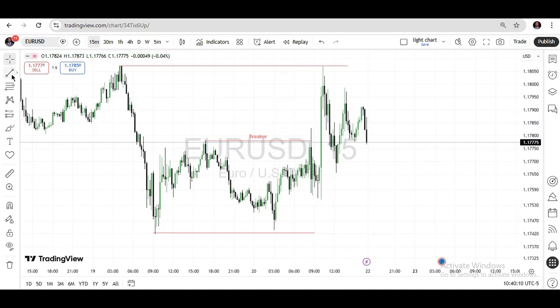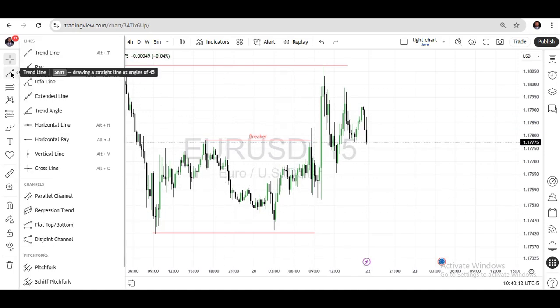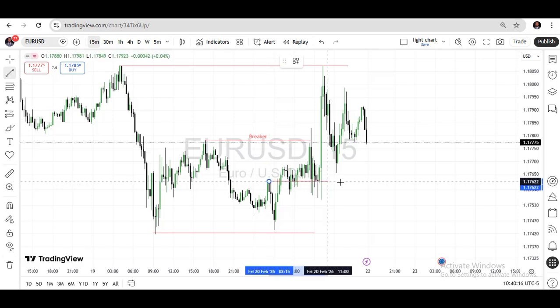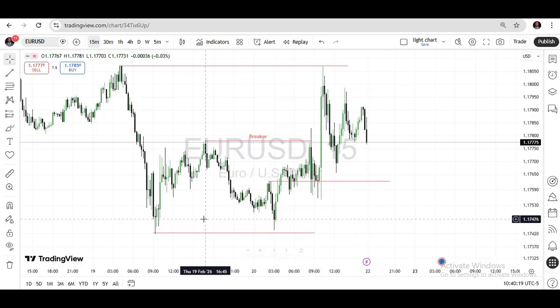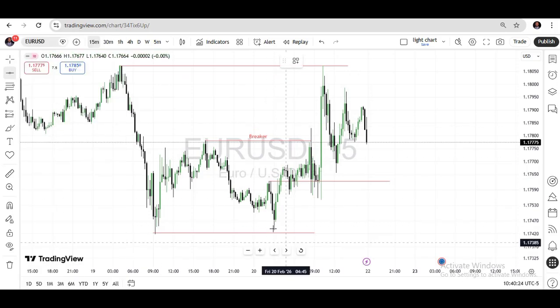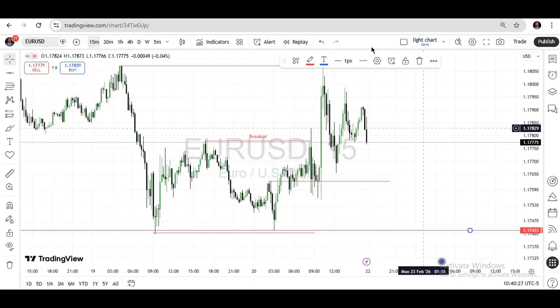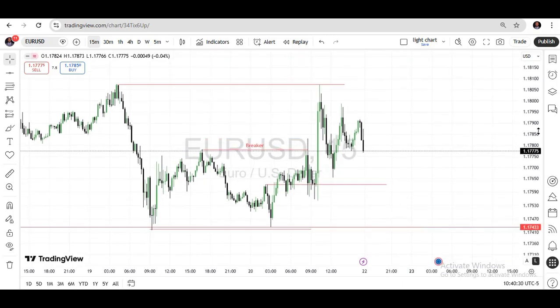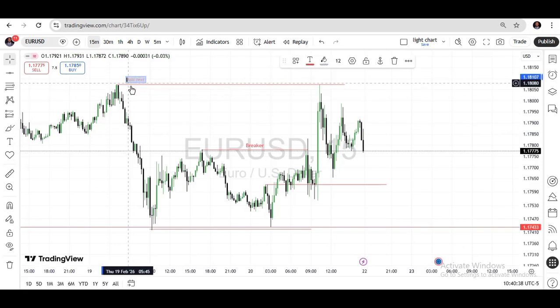So our entry point, we're looking at our entry point at this particular level, which our stop loss will be here. So where are we targeting? We are targeting the next liquidity, which is here, this buy side liquidity.